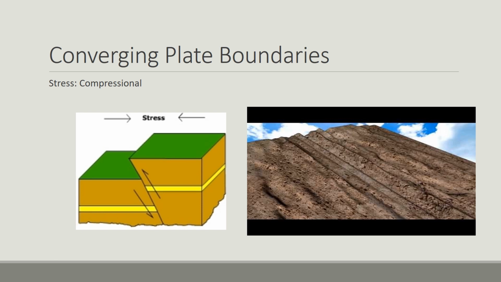And so we get this folding, and a lot of times that folding creates height, and so we get these taller mountain features based on this compression. So if we look at the Appalachian Mountains, those were actually formed because we had compression of Africa, before we were in Pangea, running into the North American plate, and North America basically folded up on top of itself and created those Appalachian Mountains for us.